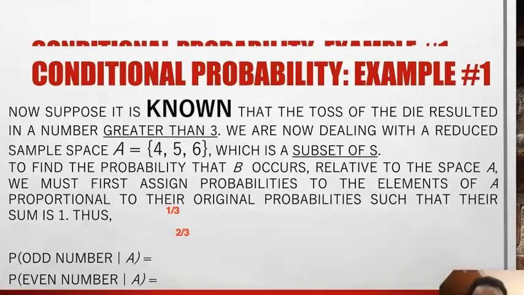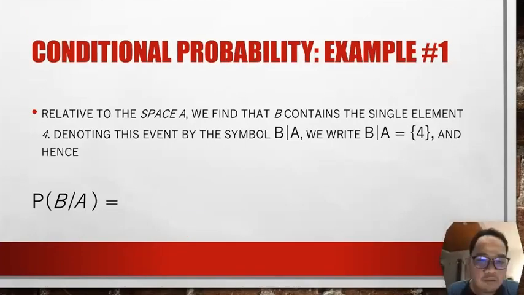Okay, clicking next and clearing that up. So relative to space A, the event that a number greater than 3 will occur, we find that B contains a single element, which is 4. Remember that B is a perfect square and A is a number greater than 3. So the probability of B given A is denoted by this symbol.